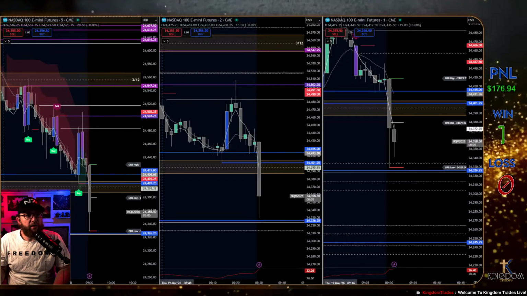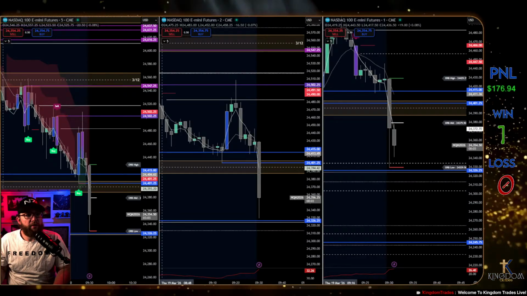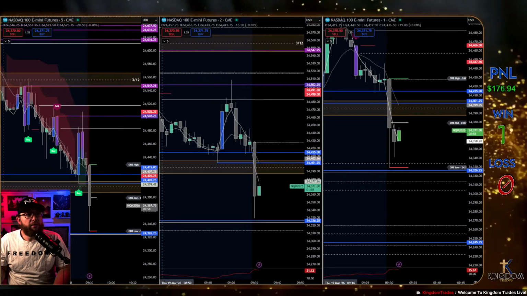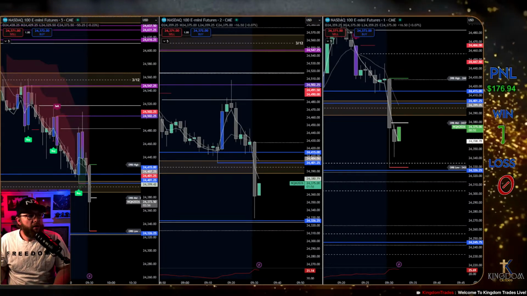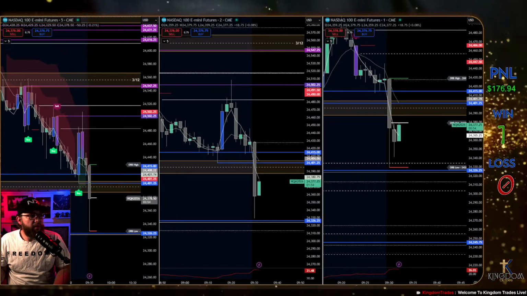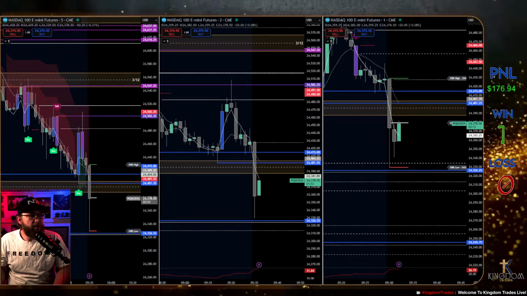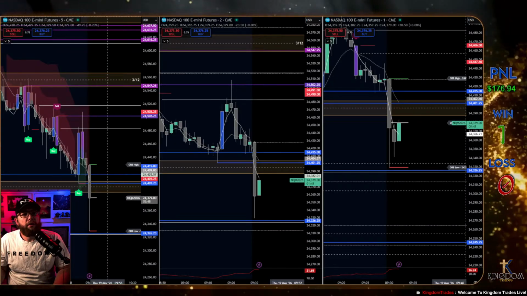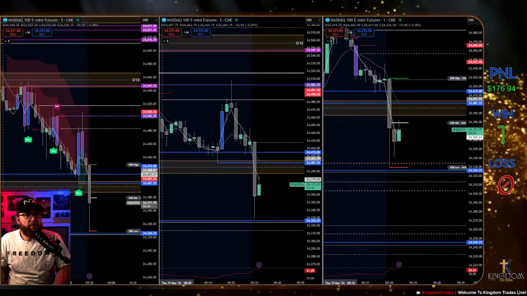Go ahead and mark out that opening range. I like that to be purple for whatever reason. I like purple. Purple's a good color. Almost looks blue. Why is it almost blue?